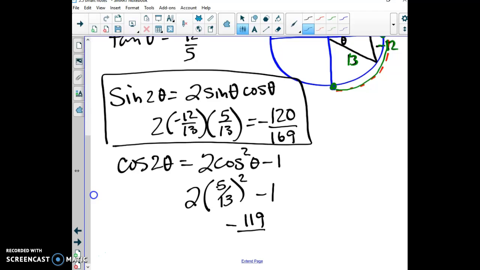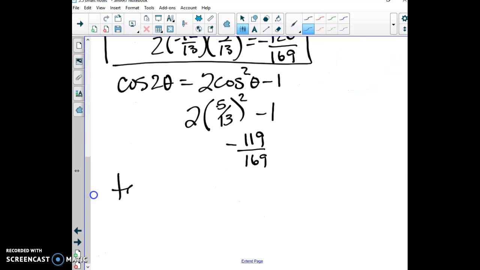-119 over 169. And finally, the tangent 2 theta, just an example of how these work. We have 2 tangent theta over 1 minus tangent squared theta.